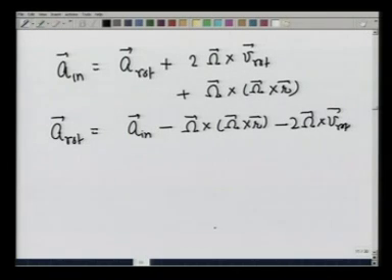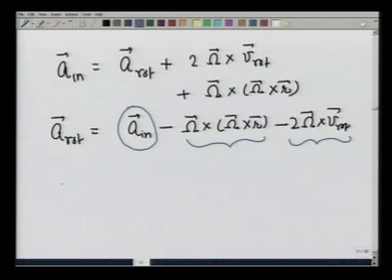Notice that even if A inertial is 0, these two terms give me a non-zero acceleration in the rotating frame, and that is what is pseudo acceleration. That is the acceleration we would observe if we are sitting in a rotating frame.